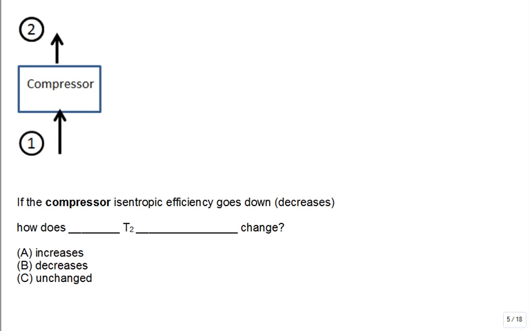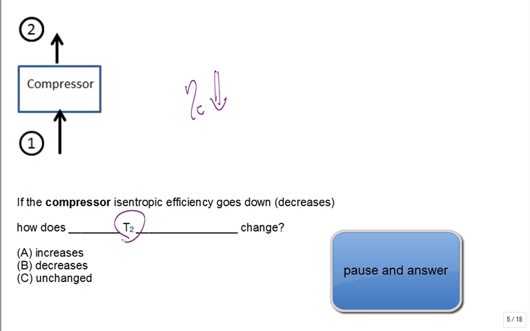So if the compressor isentropic efficiency goes down, think about 90, 80, 60. What does T2 do? The temperature at the exit of the compressor. What does T2 do? Everybody in?